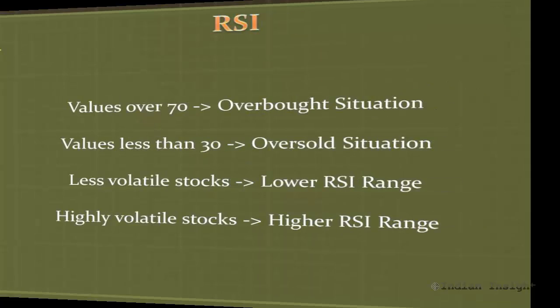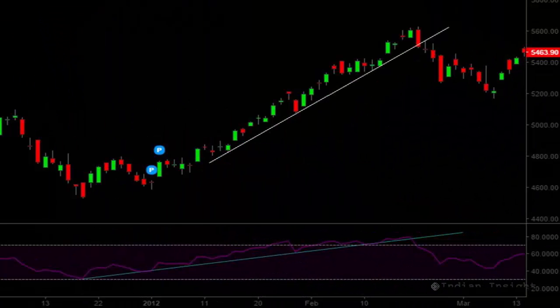Now let's look at an example to understand multiple concepts related to RSI. This chart here shows several aspects of the use of an RSI. For example, because the RSI oscillator was higher than 70 around here, one might think that one should sell the stock because it is probably overbought.